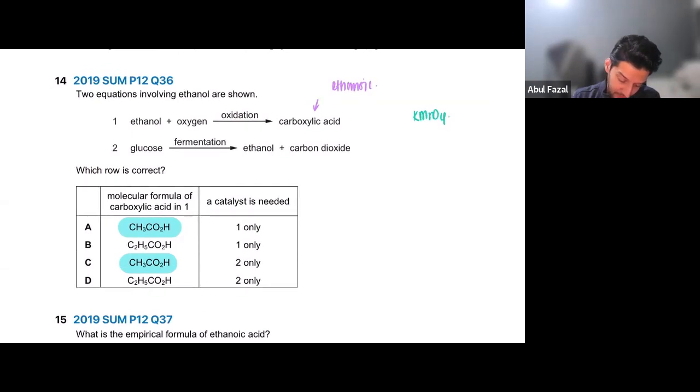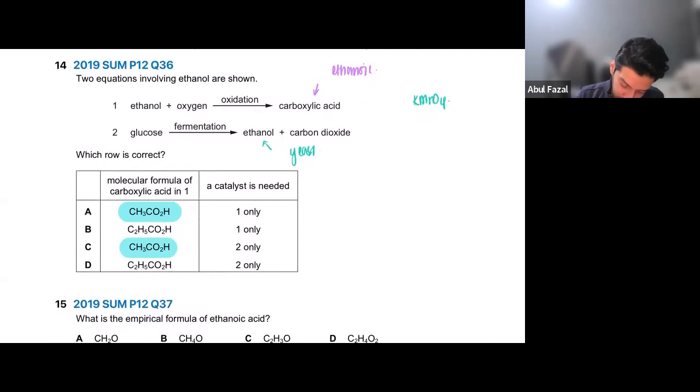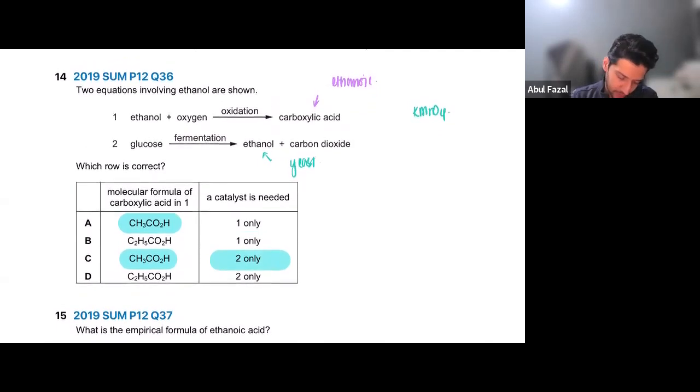Over here, you need yeast. So for 2, I think you need it. Technically, that's the catalyst. Yeast has enzymes that will catalyze the reaction. Yeah, I'm not too sure about this. My memory is not working too well.